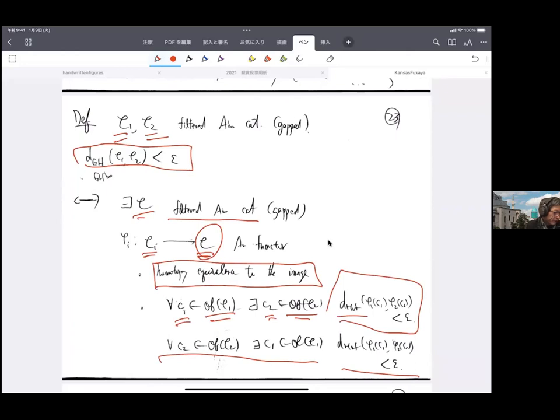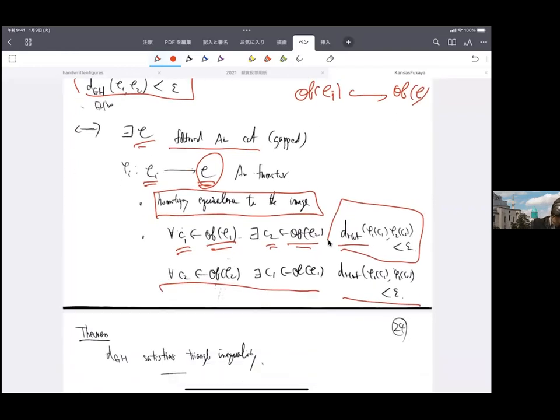So this definition is very similar to the usual Gromov-Hausdorff distance, but the difference is that the embedding of the objects of Ci into the big category is induced by some infinity functor, which is a homotopy equivalence. That is the definition of the Gromov-Hausdorff distance between infinity categories.